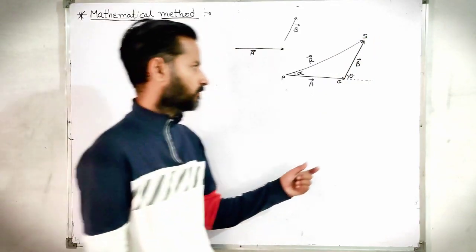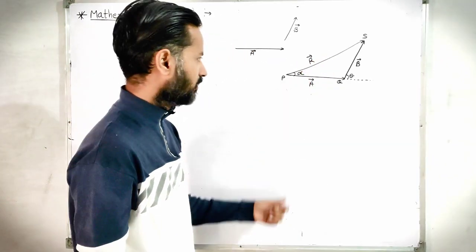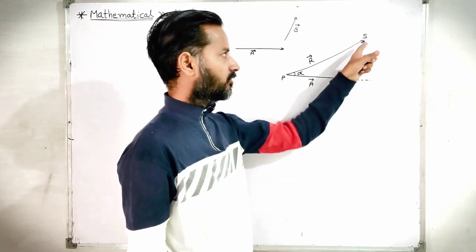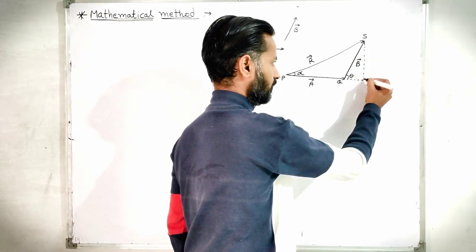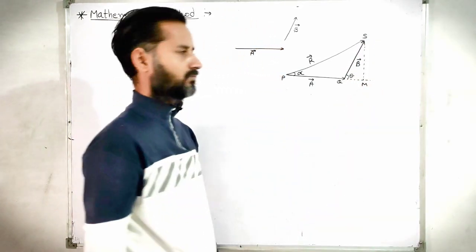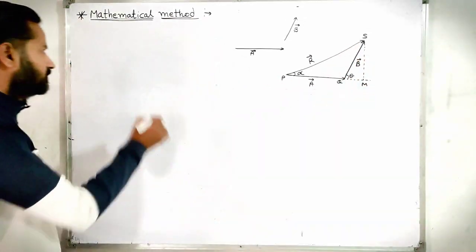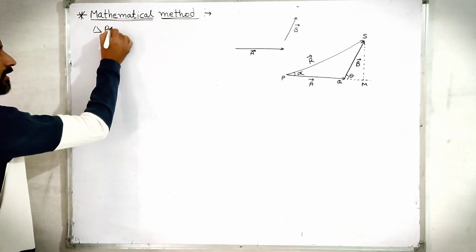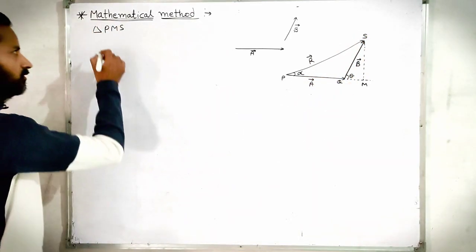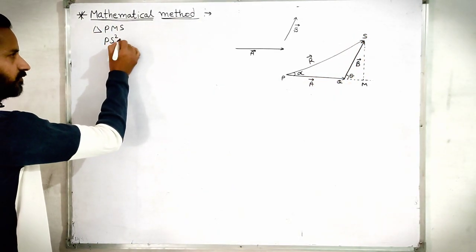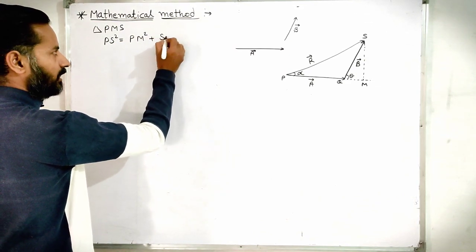Now, for finding the magnitude of resultant vector R, extend PQ and drop a perpendicular from point S. Now, in the triangle PMS, PS is hypotenuse, so PS square will be equal to PM square plus SM square.